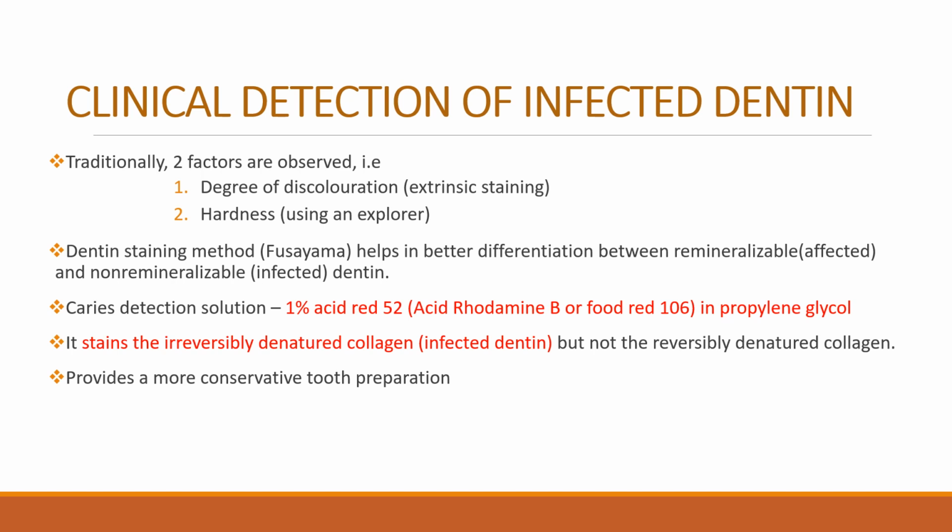The caries detection solution that is used is 1% acid red 52 or acid rhodamine B in propylene glycol, and this particular solution stains the irreversibly denatured collagen, that is, it stains the infected dentin, but it does not stain the affected dentin. So it provides a more conservative tooth preparation.